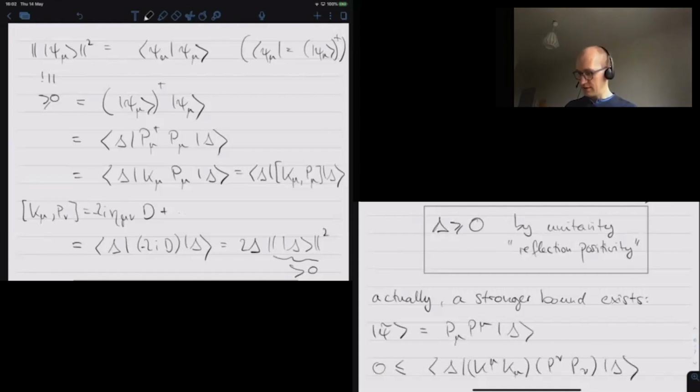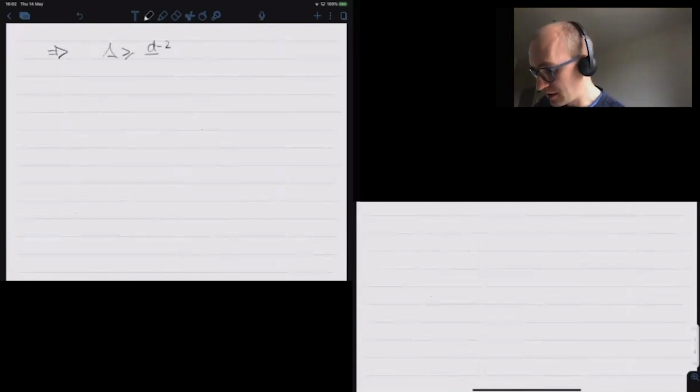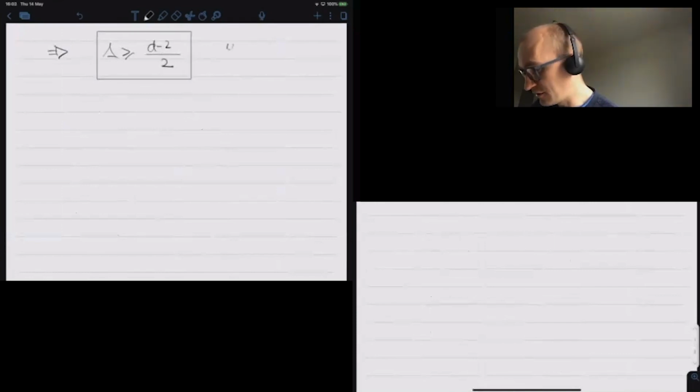And this can be massaged, and the conclusion will be, as you shall do in the problem set, that delta should be greater than or equal to (d minus 2) over 2. Which is what people really call the unitarity bound. So this is the unitarity bound.